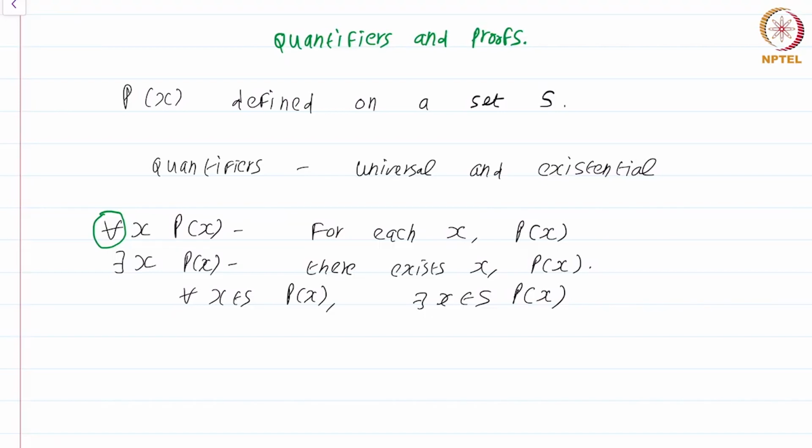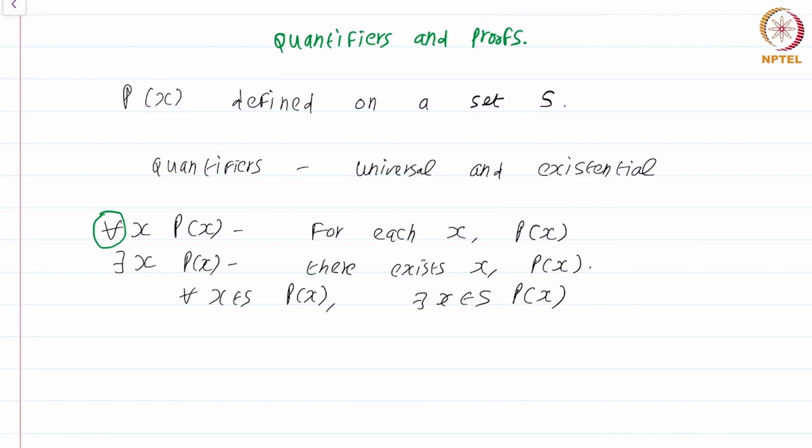So this reading for all as for each is somewhat better in my opinion, but the for all usage is so common that it would be really difficult for me to avoid using it unconsciously, or you will definitely encounter it in the literature anyway. So I will use both interchangeably, but I will consciously try to use for each.